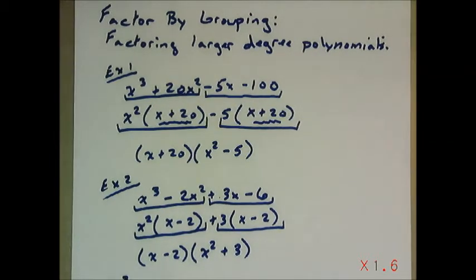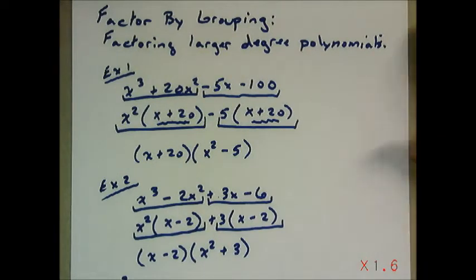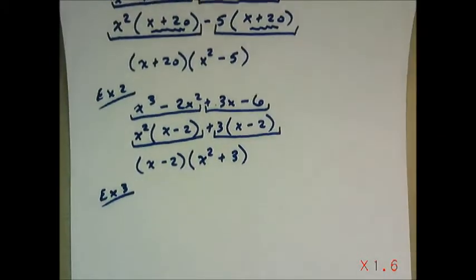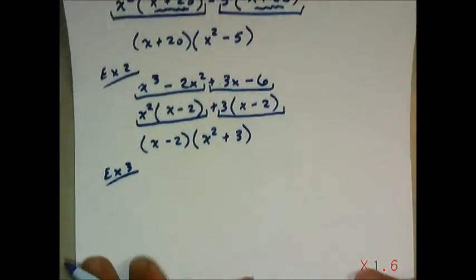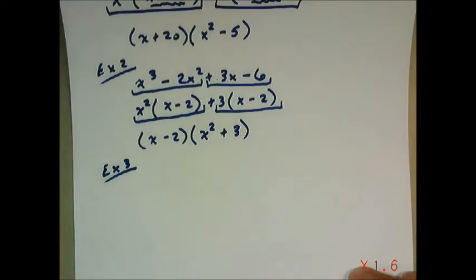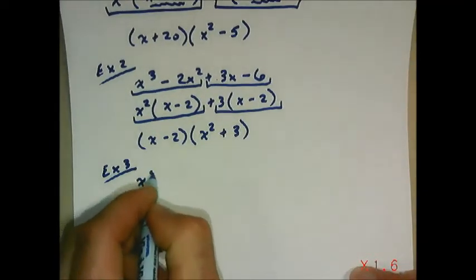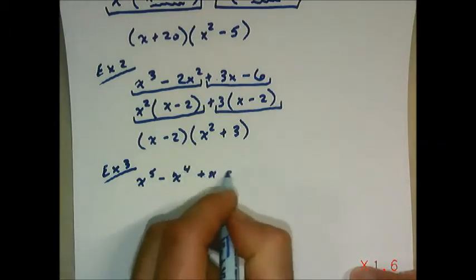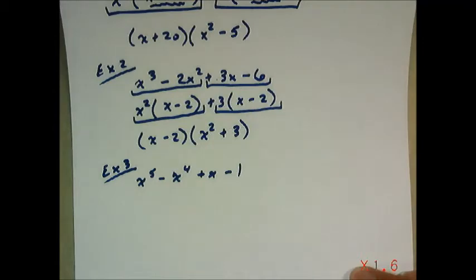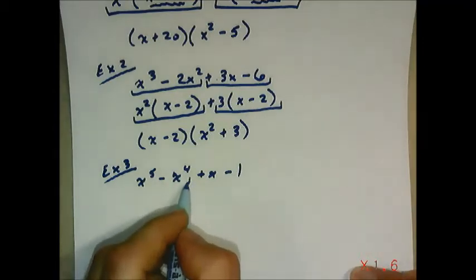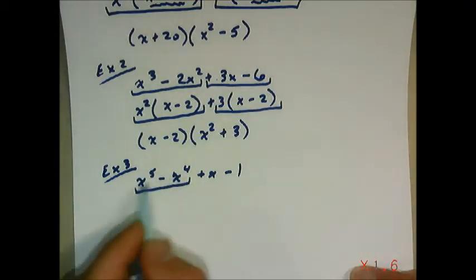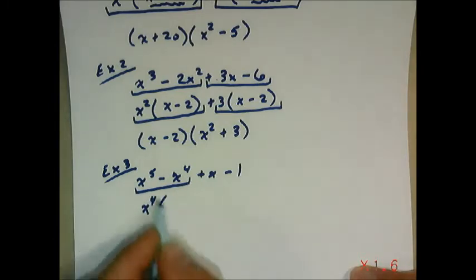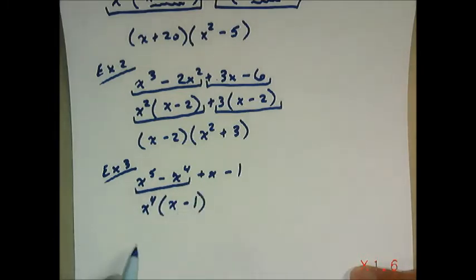If we look at example 3, let me move it up a little bit for you so you can see it. Here, let's take one last one with factor by grouping, x to the fourth plus x minus 1. Notice here, if I group the first 2 together, I can pull out an x to the fourth, and I'm left with x minus 1.